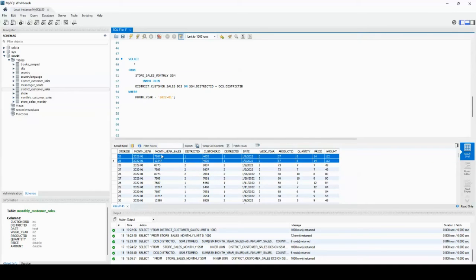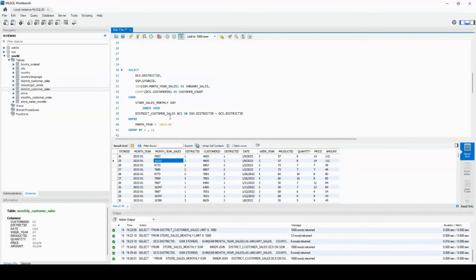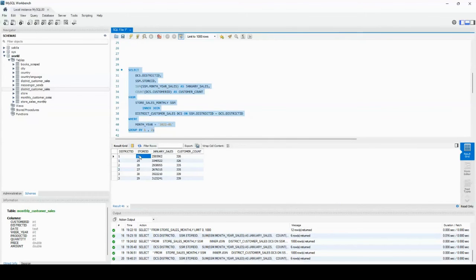And for the month year sales, they counted once for each store. So what happened is, if we take a look at our other query again, for each store the January sales, whatever the actual number of January sales was, were multiplied by this customer count. Since we joined at the district, every customer in that district was counted once at each store.